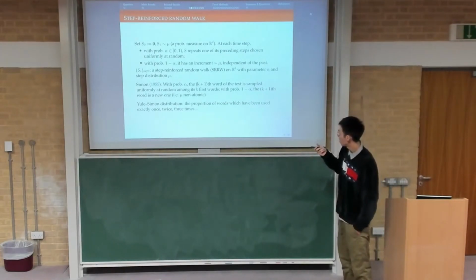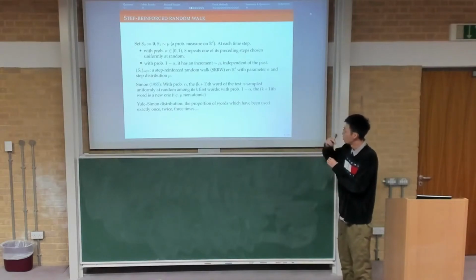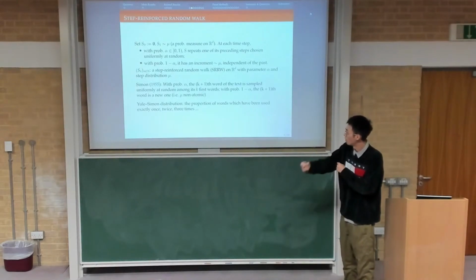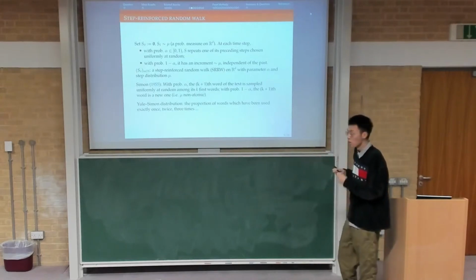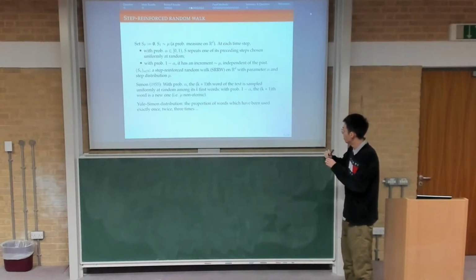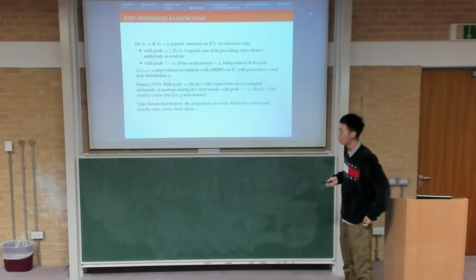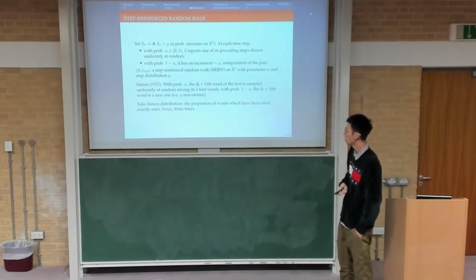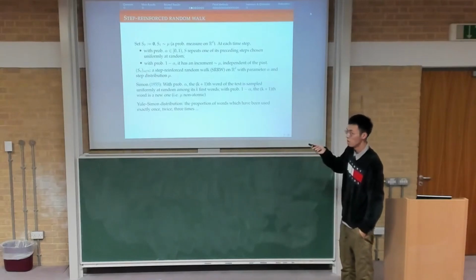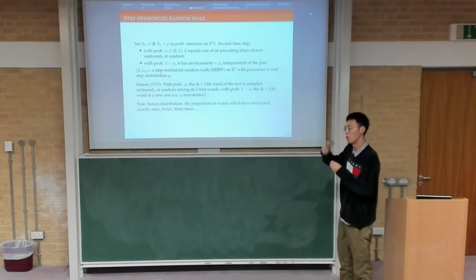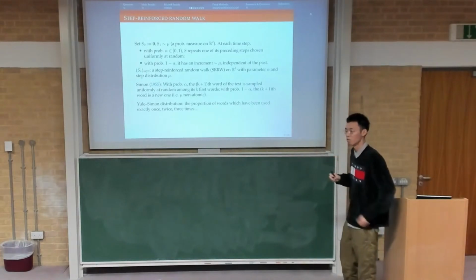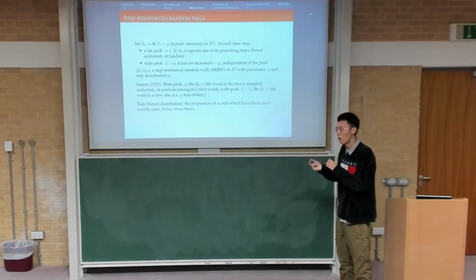For the (k+1)-th word, with probability alpha, you choose one of the words from the first k words. With probability 1 minus alpha, it's a new word, different from all the previous words. This somehow corresponds to the case when mu is non-atomic, or to the Pólya model with innovation. You can always introduce a new type of word.